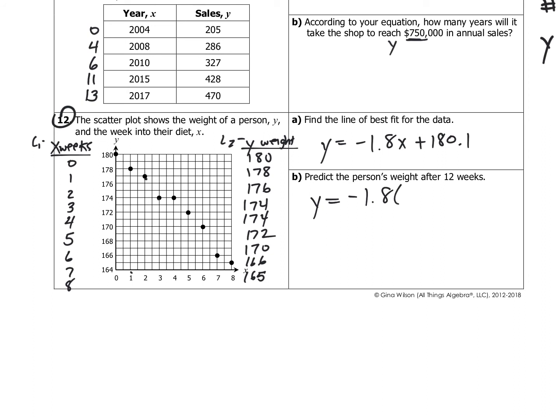It's negative 1.8 times 12 plus 180.1. And I get y equals 158.5. Well, looks like they're doing pretty good, down 21 and a half pounds.